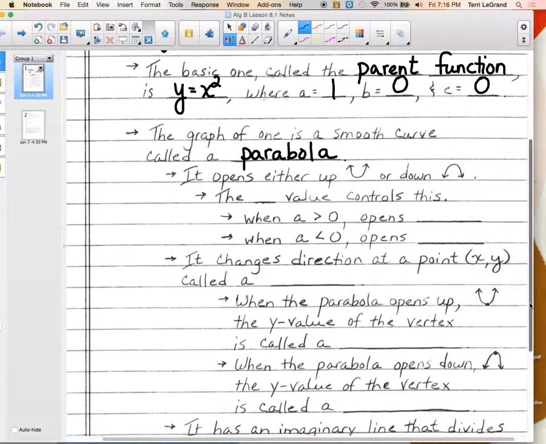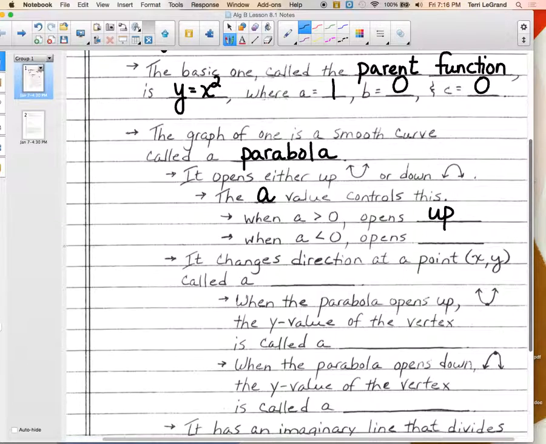And what controls whether it's going to open up or open down is the a value. Remember, that's the number that x squared is being multiplied by. So when a is greater than 0, what numbers are greater than 0? The positive ones. So when a is positive, it opens up. So if you have a positive number of x squareds, you know that your parabola will open up.